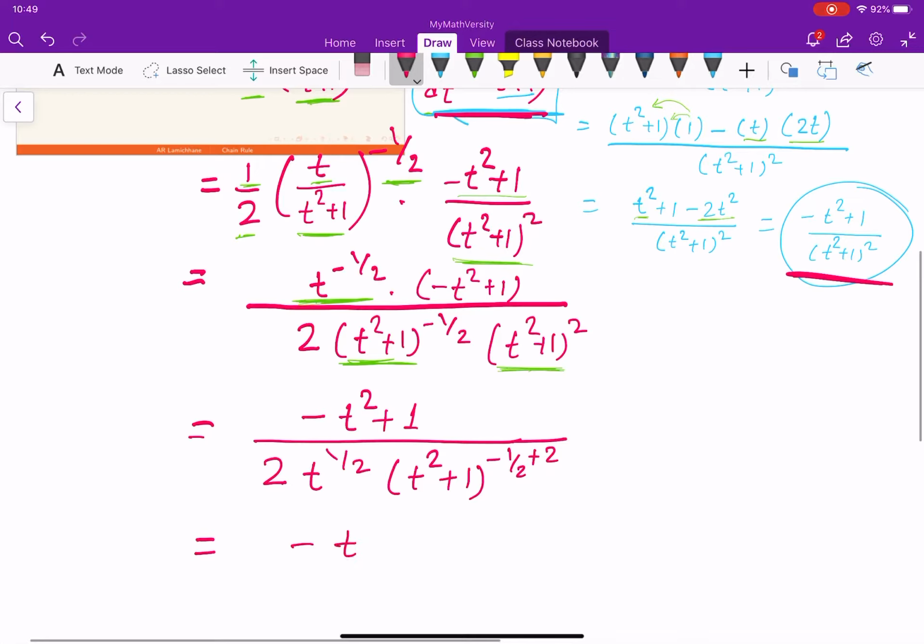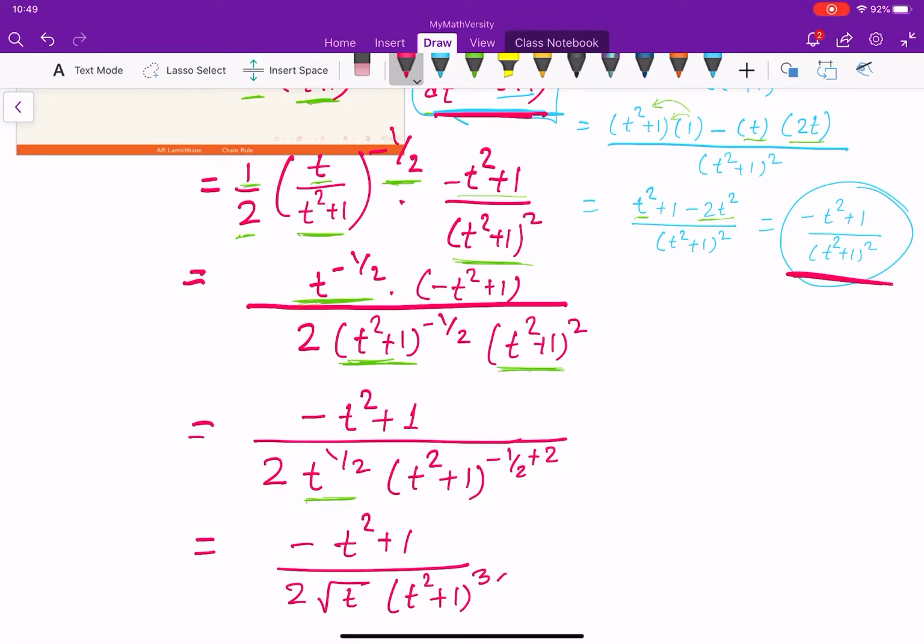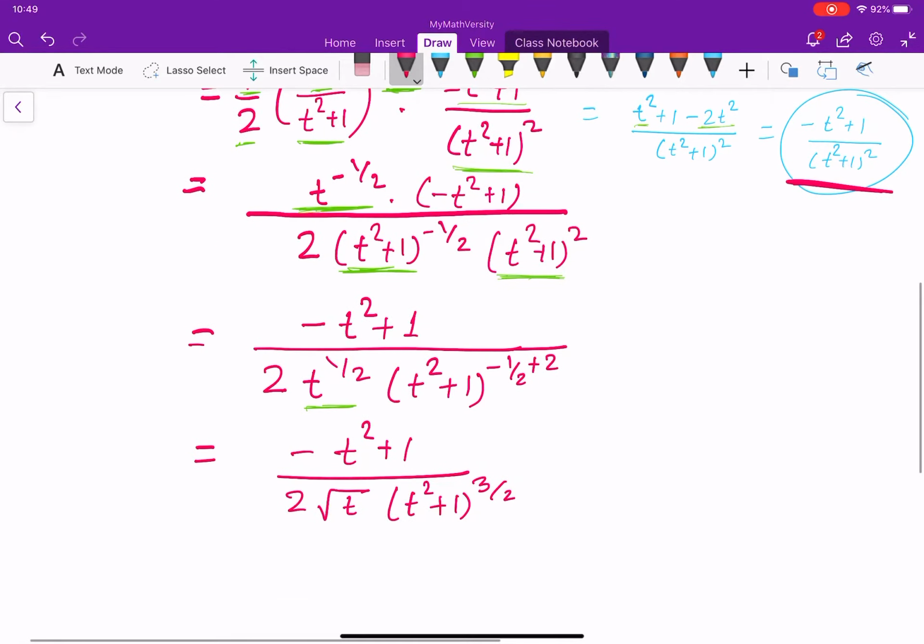So in that case, negative t square plus 1 divided by 2 times the square root of t, if you want to change that exponent into a radical, times t square plus 1 to the power negative 1/2 plus 2, which will be 3/2. All right. Okay, that's also another alternative.